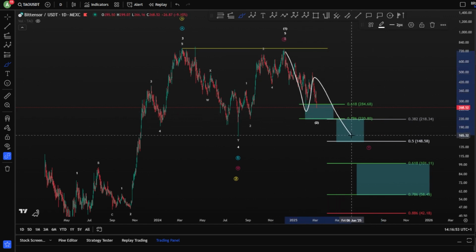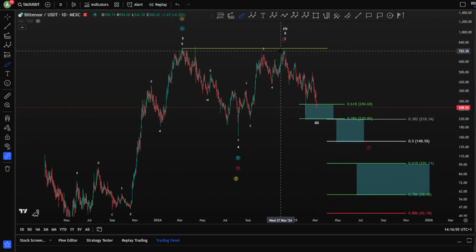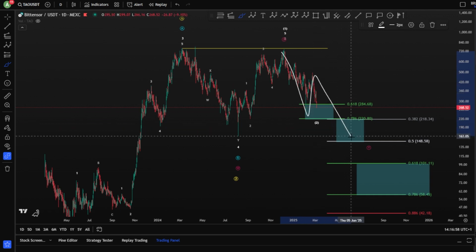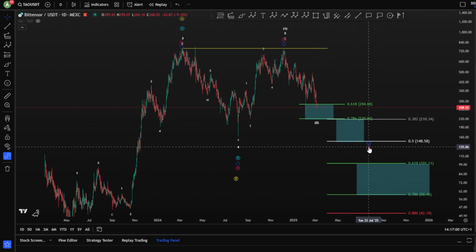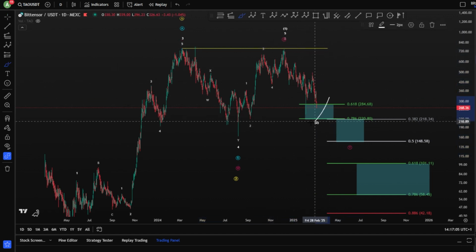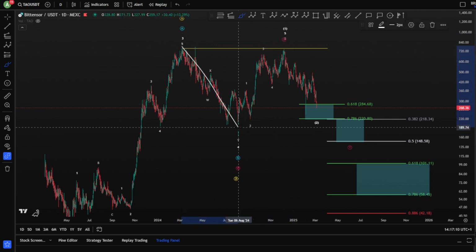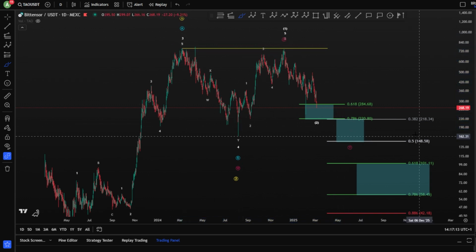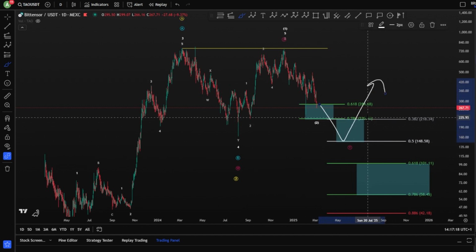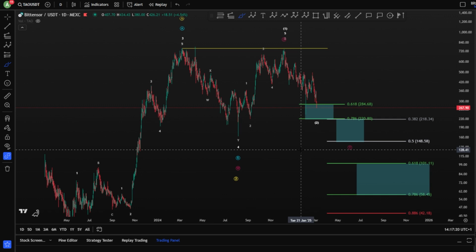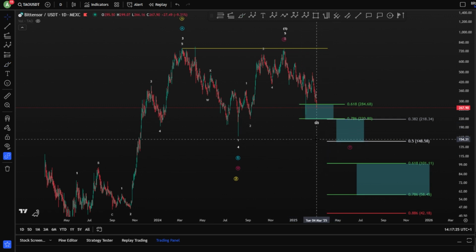But because of the intensity here, and if you take A, B, and a C as a wave Y here, you see the higher potential to invalidate this first one too, transforming this impulse into a wave W, X, and a Y. 0.5148 would be a great target to start thinking about the bullish scenario, to be reanalyzed, and we take it from there, right? So those are the potential scenarios for SUI.